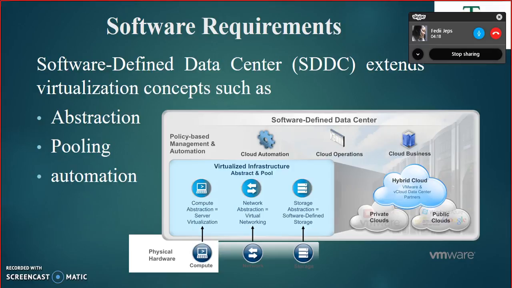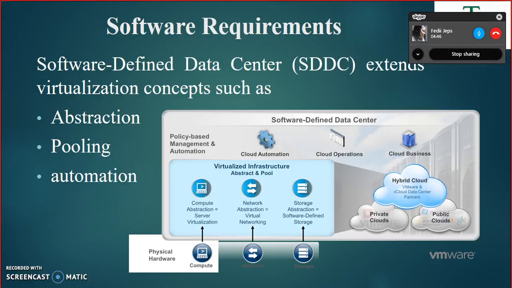So we look at abstraction. Abstraction manages the complexity in a data center, so the complexity is achieved and also managed by abstraction. Pooling is the ability to bring all those resources together and group them for proper management.